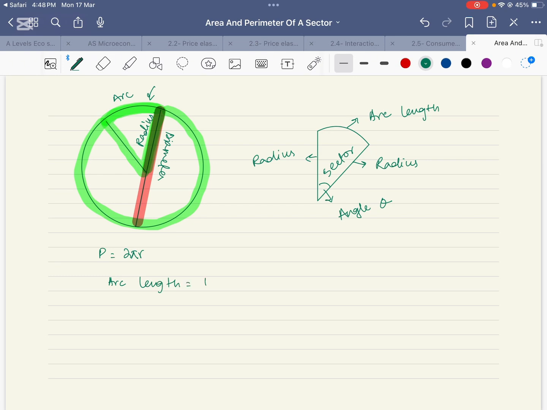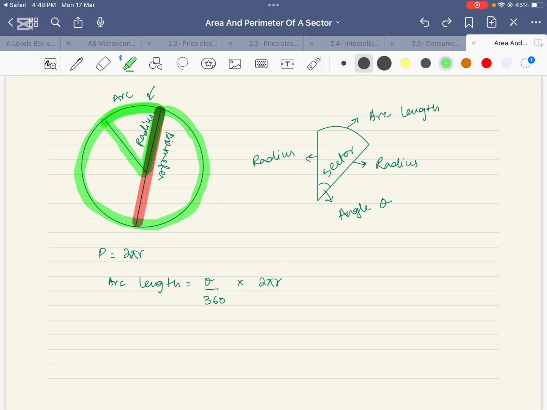is equal to theta upon 360, meaning a proportion of 360. Why 360? Because 360 is the angle in the entire circle, and multiply by 2 pi r. Why 2 pi r? Because a portion of the perimeter, or circumference, will be taken as arc length. That is why 2 pi r.